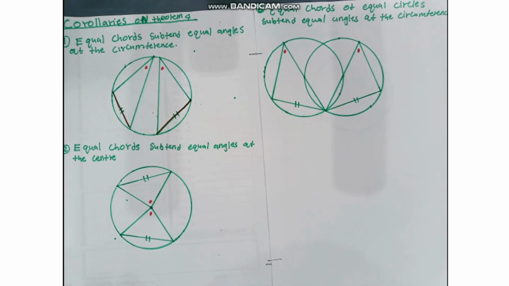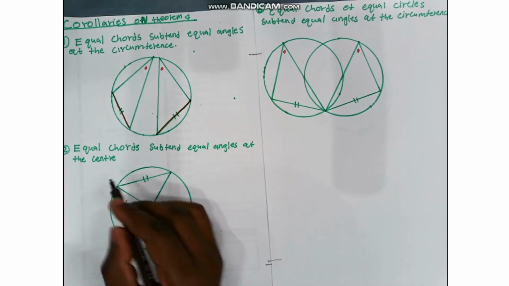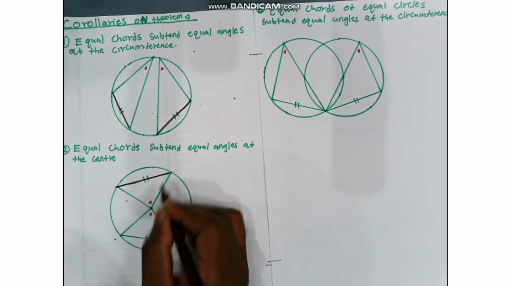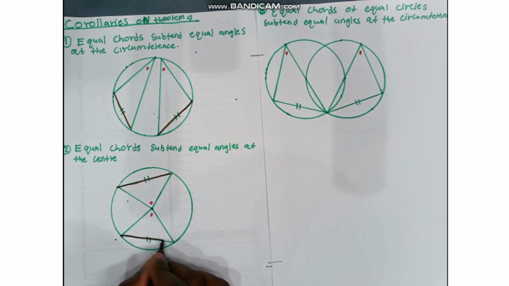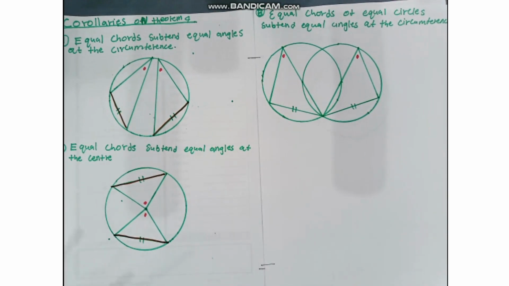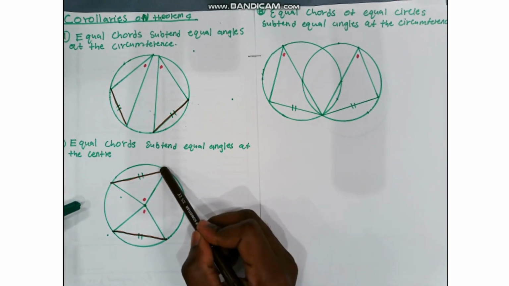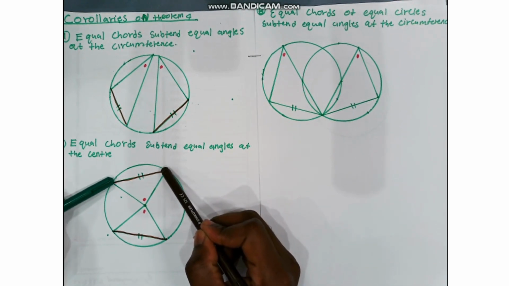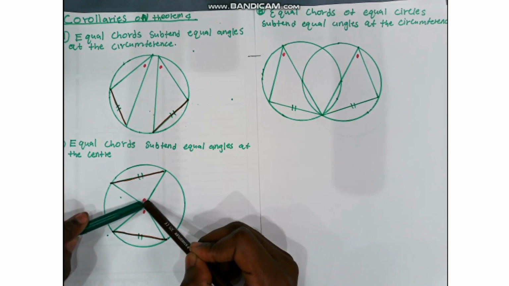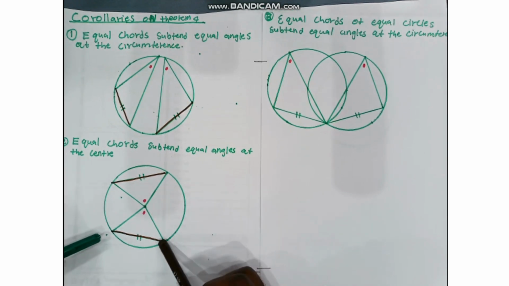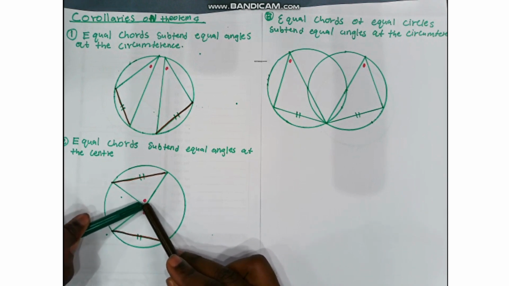They are saying this chord is equal to this chord. If those chords are equal, place your finger here, go, they meet here. Come to the other one, place your fingers here, go, they meet here.